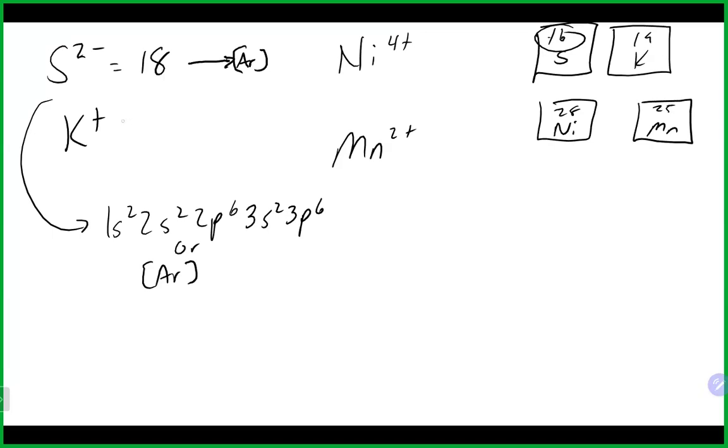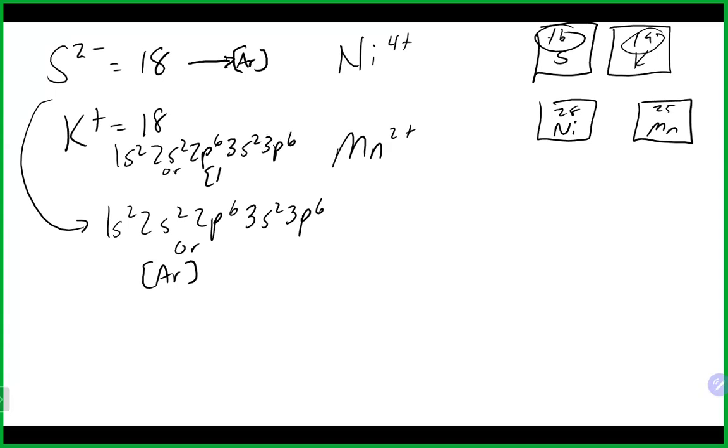We take a look at potassium. Potassium with no charge is 19 electrons. Positive means it has lost electrons, and the one positive means that it now also has 18 electrons, which means it will end up in the exact same place: 1s2, 2s2, 2p6, 3s2, 3p6.